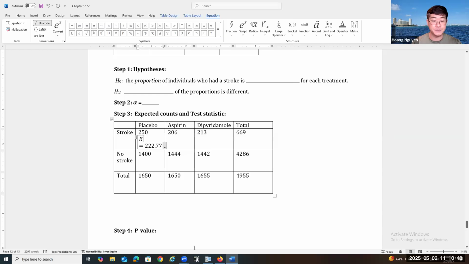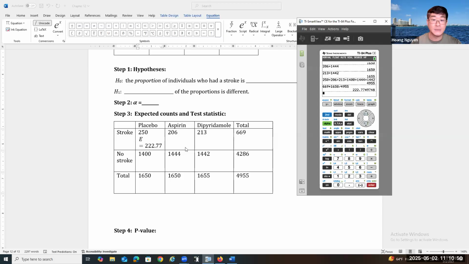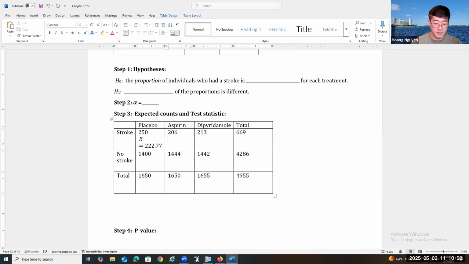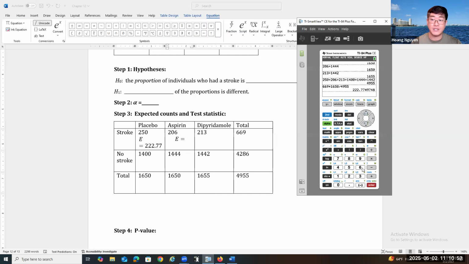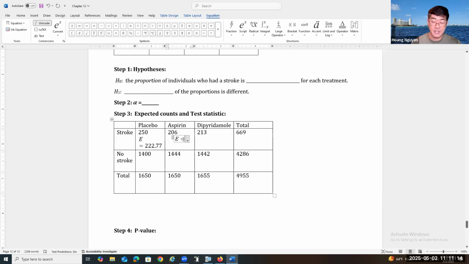Now, similar idea: 669 times 1650 divided by 4955, again the same value, 222.77.